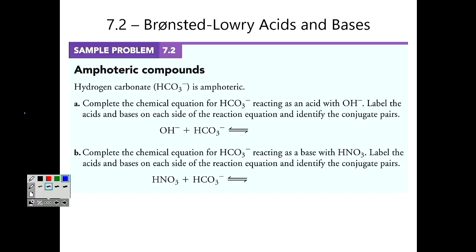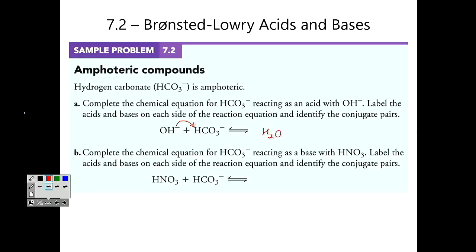So here, for example, is hydrogen carbonate, also known as bicarbonate. If you're going to show the products of the reaction, by which it's either acting as an acid or a base. I said that hydroxide is always a base, right? So in this first one, it's acting as an acid. So what's happening here is the hydroxide is picking up that proton from the bicarbonate.